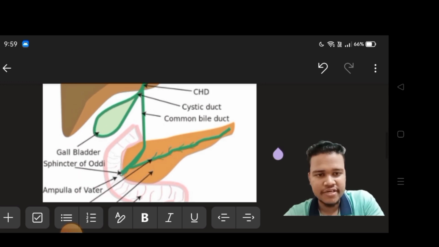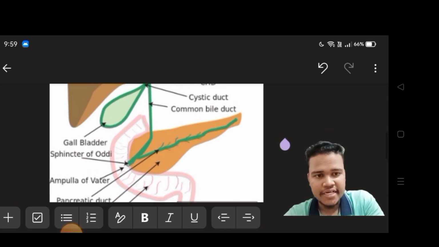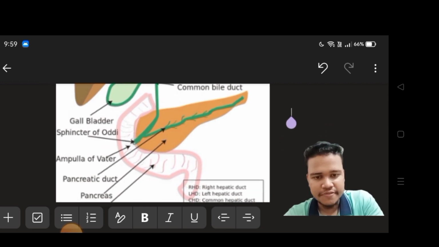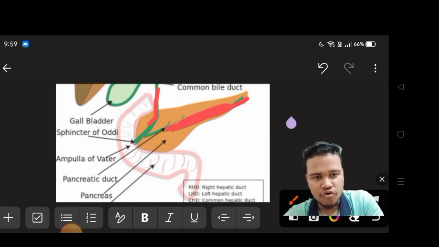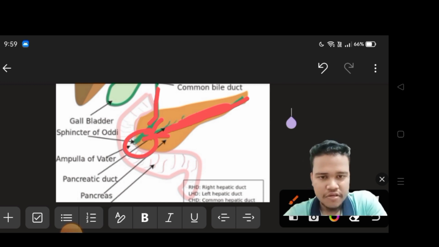Okay, then you can see that the common bile duct continues, and our common bile duct along with the pancreatic duct, so this is our pancreatic duct, together open in a part of the duodenum which is known as the ampulla of Vater.